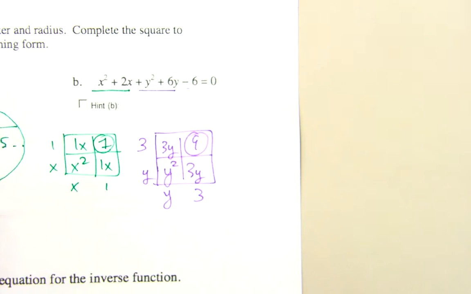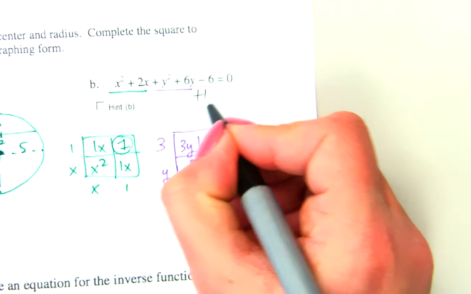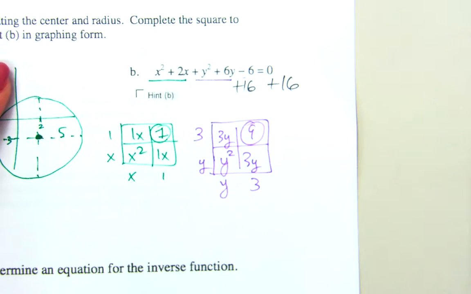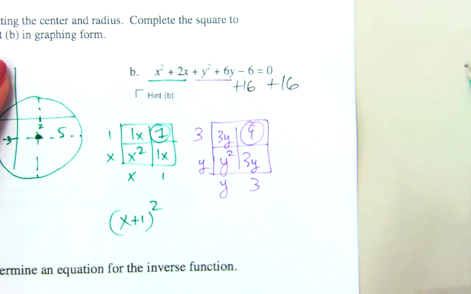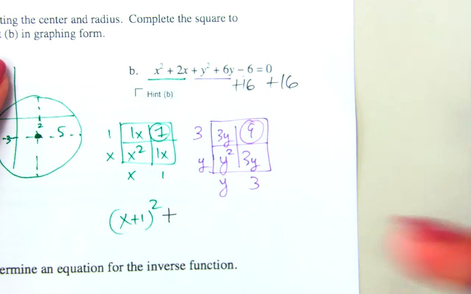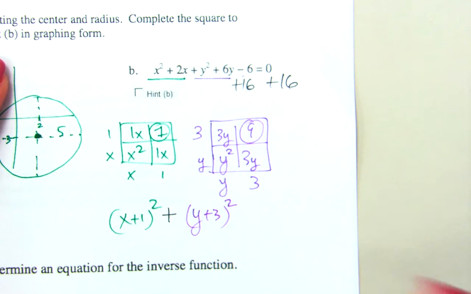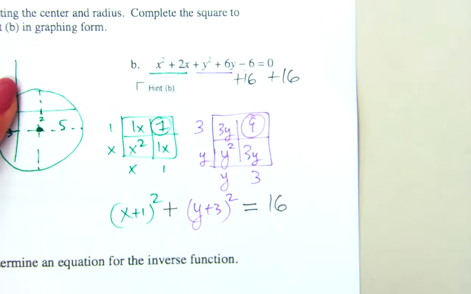So we need to add 16 to both sides. Okay, so that means we have x plus 1 squared plus y plus 3 squared, equal to whatever we added on the right side, in this case 16.